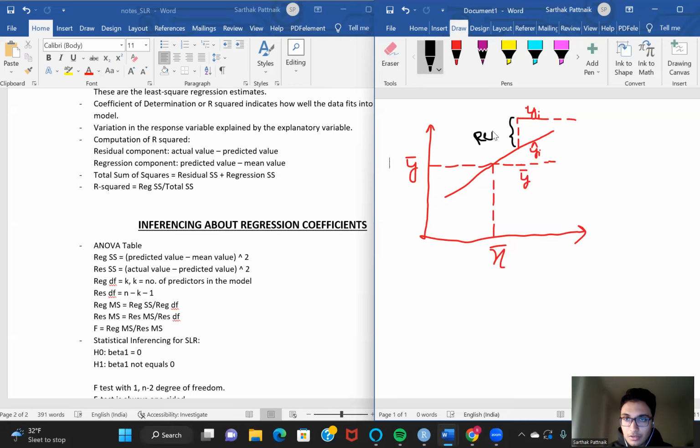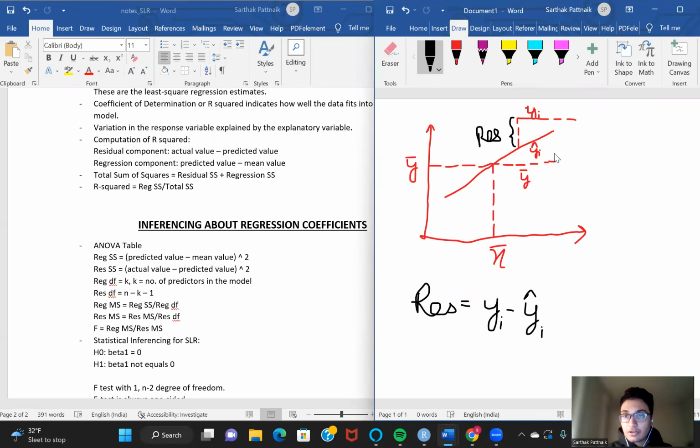The residual component in the context of simple linear regression is defined as the difference between the actual value and the predicted value. So I'll write the residual component as the difference between the actual value yi minus the predicted value yi cap. This is the residual component.